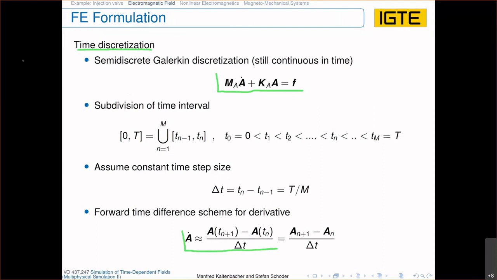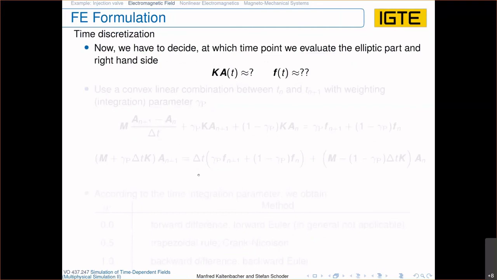Now let's go into some details, because what we don't know is how we should take the magnetic vector potential itself. We have just defined an approximation for the time derivative, but at which time should we evaluate the magnetic vector potential multiplied by our stiffness matrix, and at which time should we evaluate the right hand side?